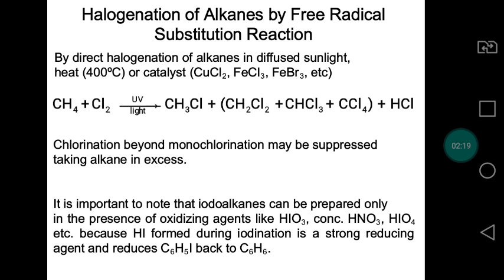In initiation, as I said, chlorine forms two Cl free radicals, which attack the C-H bond of the alkane, and the C-H bond is broken in the homolytic way, so it will form a methyl or alkyl free radical. Now this methyl or alkyl free radical attacks a chlorine or bromine free radical and forms the product.